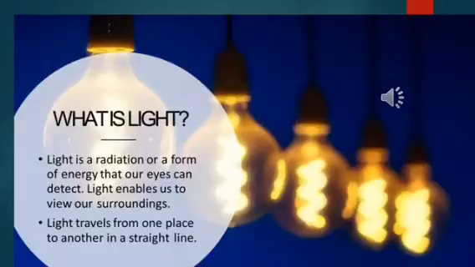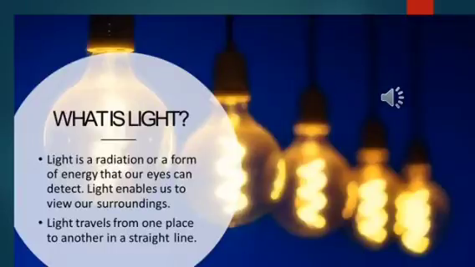Yes, we say light is a form of energy, we say current is a form of energy. So here again, light is a radiation or a form of energy which our eyes can detect, which our eyes can see. And because of the presence of this light, we can view our surroundings.